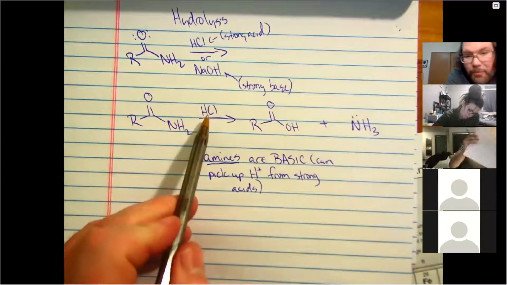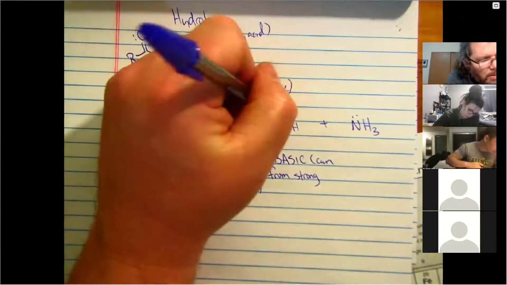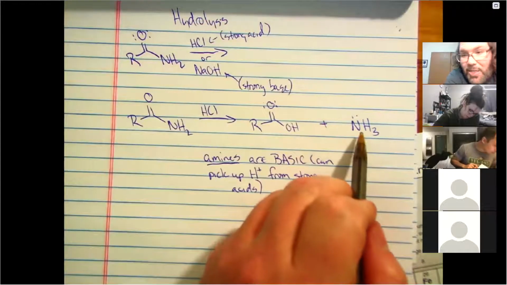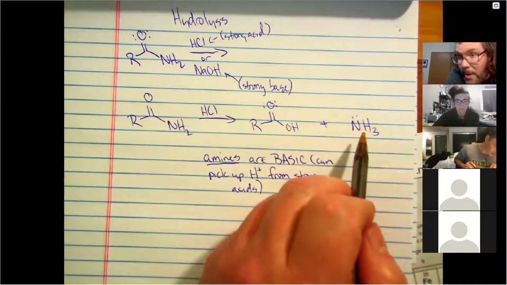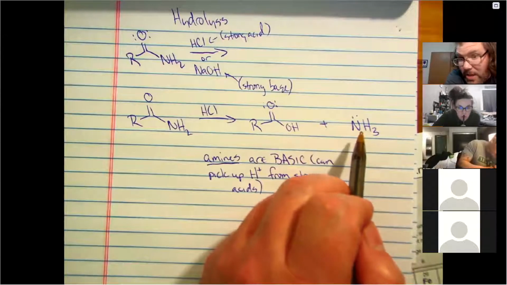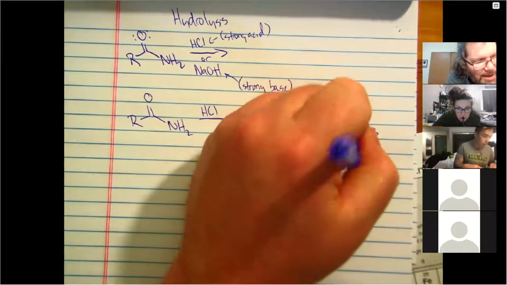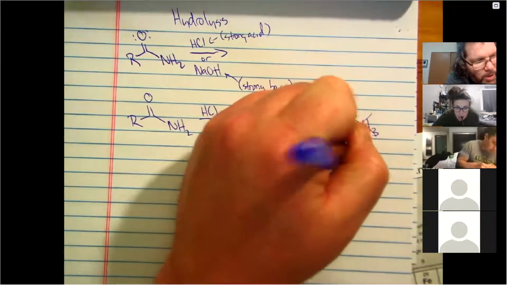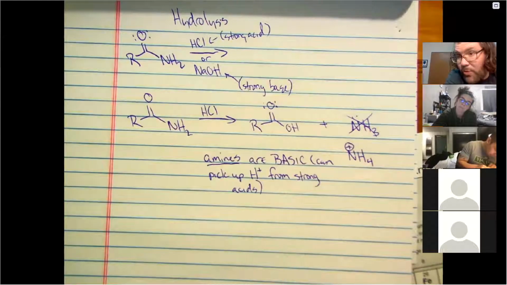Now, if we have a lot of HCl, a strong acid, in this solution, that means that this is not going to be the likeliest form we're going to find our amine in after the reaction is finished. Because the conditions are acidic, that amine will have picked up an extra H plus and become NH4 plus instead.